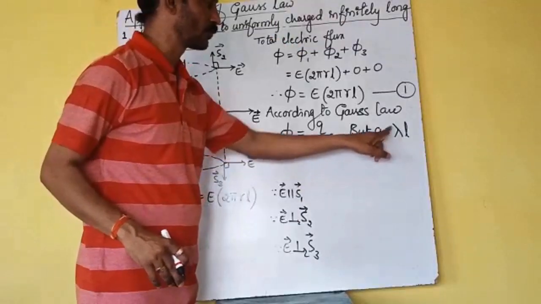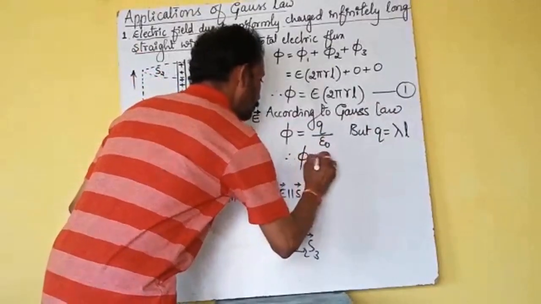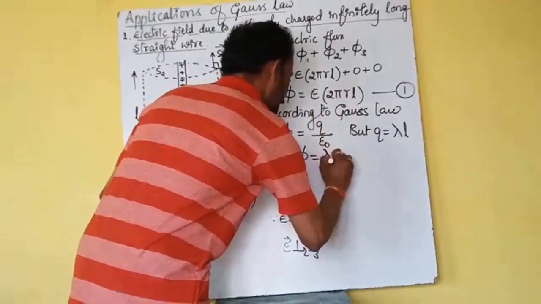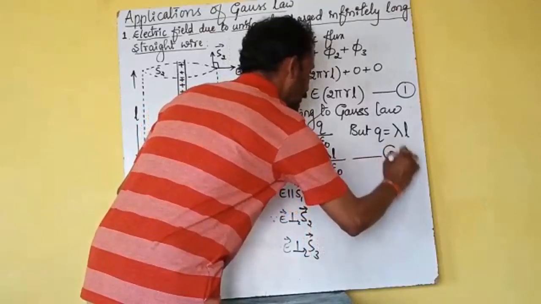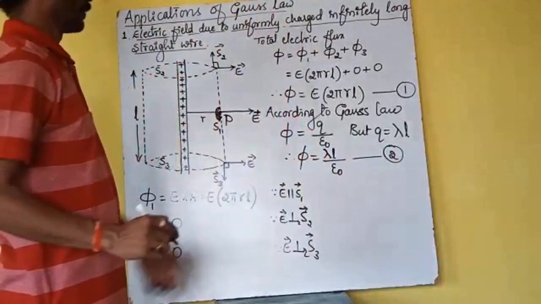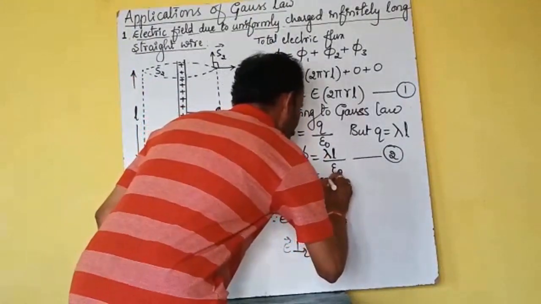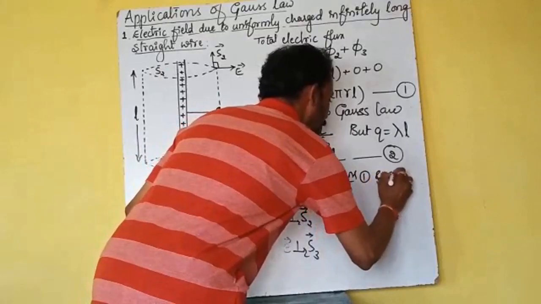Therefore, Q is equal to lambda into L. Therefore, phi equals, in place of Q, substituting lambda L, divided by epsilon naught. This is equation number 2. Now from equations 1 and 2.